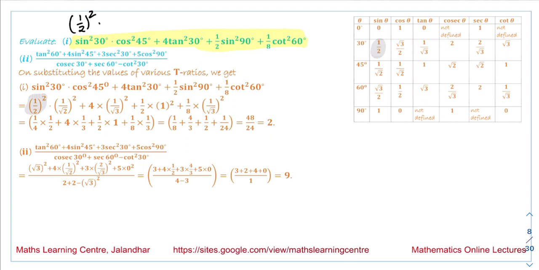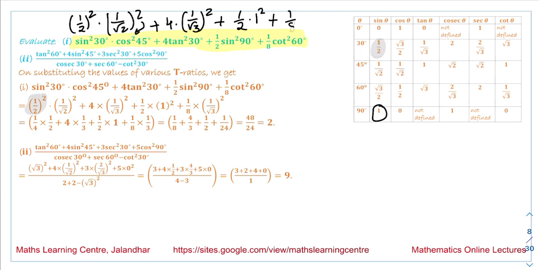Cos 45 degrees is 1 by square root 2, and it is squared, plus 4 times tan 30. Tan 30 is 1 by root 3, and it is squared, plus 1 by 2, sine square 90 degrees. So we require the value of sine 90, and the value of sine 90 is 1, squared, plus 1 by 8 into cot square 60 degrees.